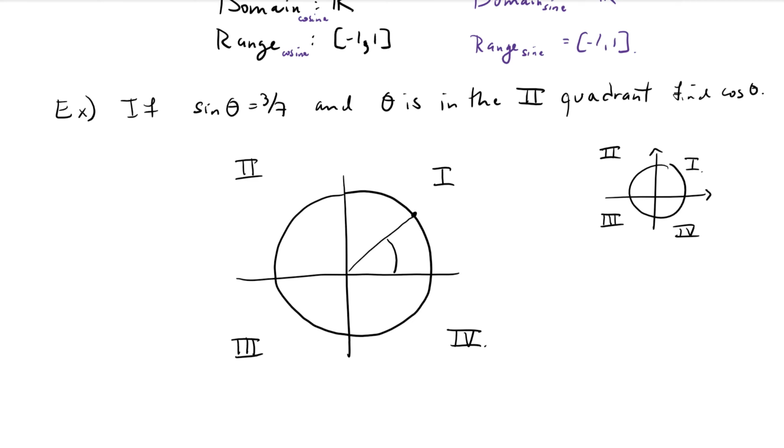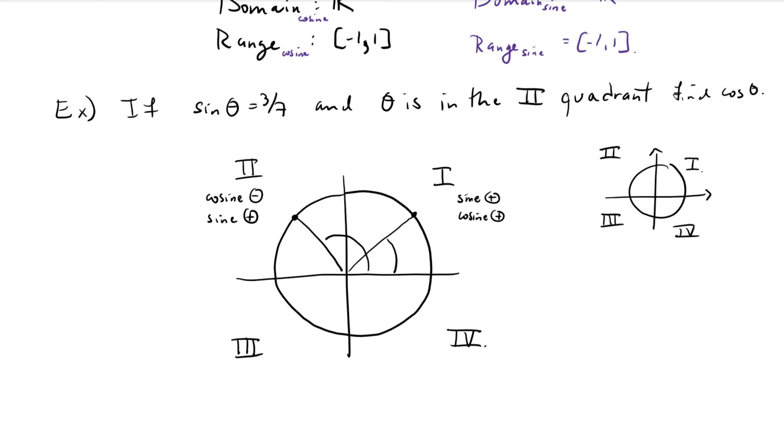As I keep turning, I'd have coordinates for sine and cosine that are not all positive now. The x coordinate is now negative. So cosine is negative while sine is positive.